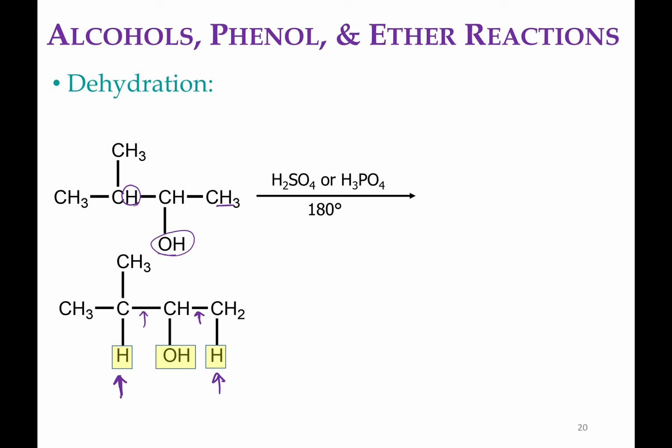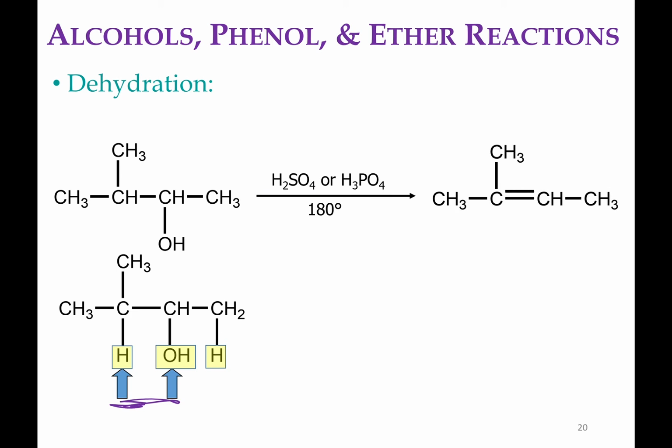So when we do this, I want you to double check your notes just to make sure this says 180, H2SO4 and H3PO4, okay? All right, our products: if we take these ones, we'll get the double bond between these 2 carbons here and here.